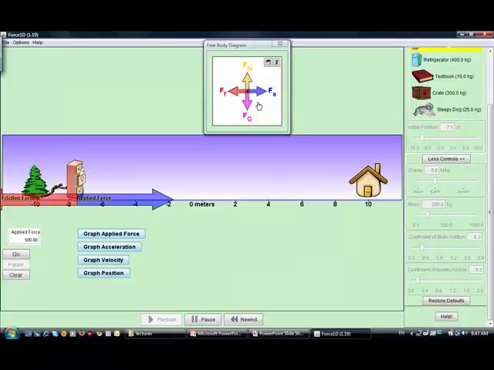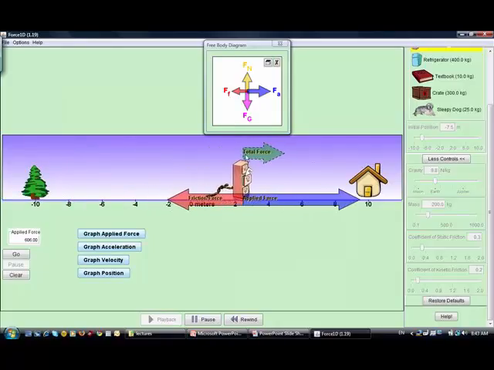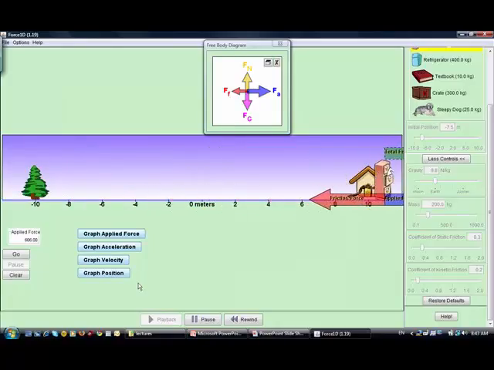Okay, I'll go back to that point a little later. But you notice here the friction force is still large, and suddenly it gets smaller. And I have a total force. What's my total force? That's the unbalanced force. Suddenly my unbalanced force came into play when my applied force became larger than the friction force.